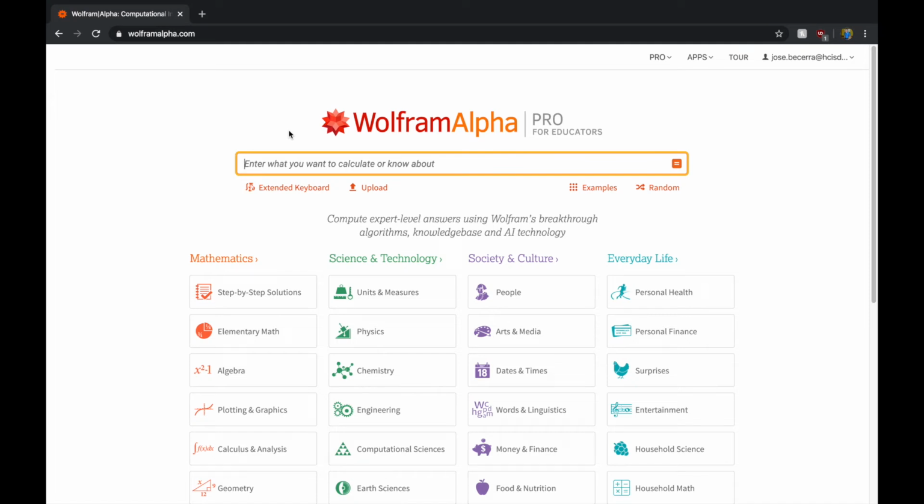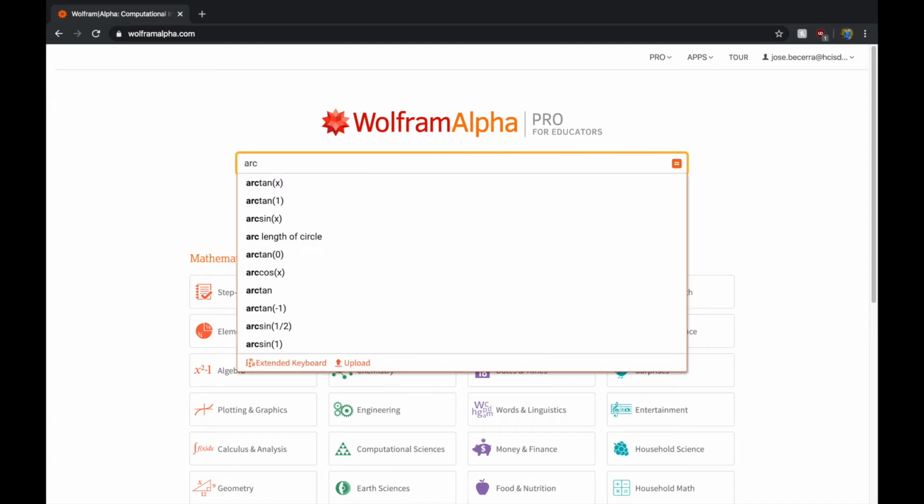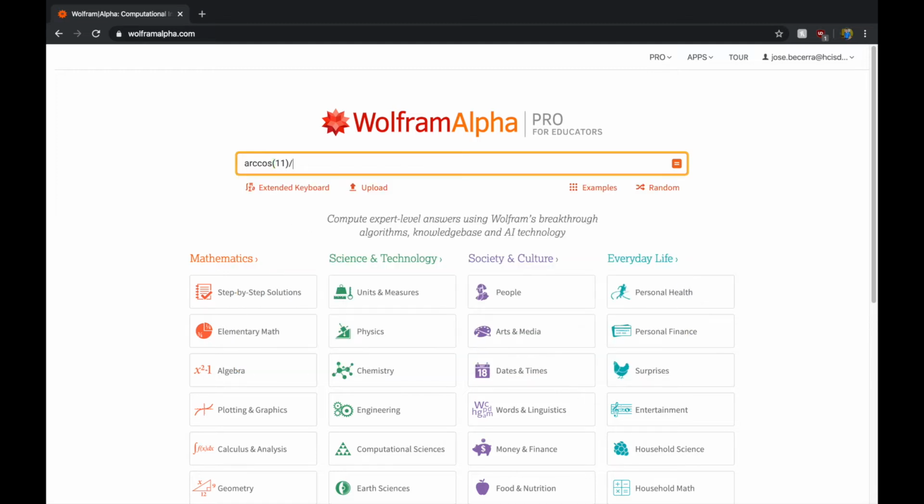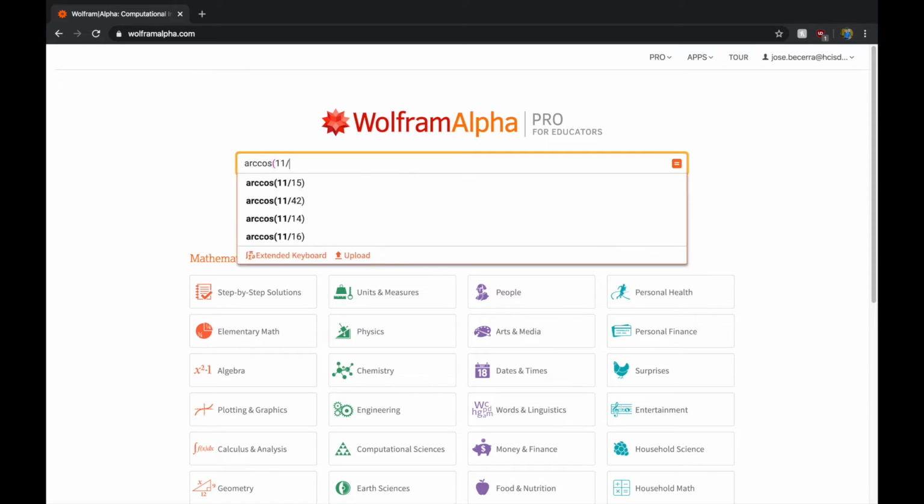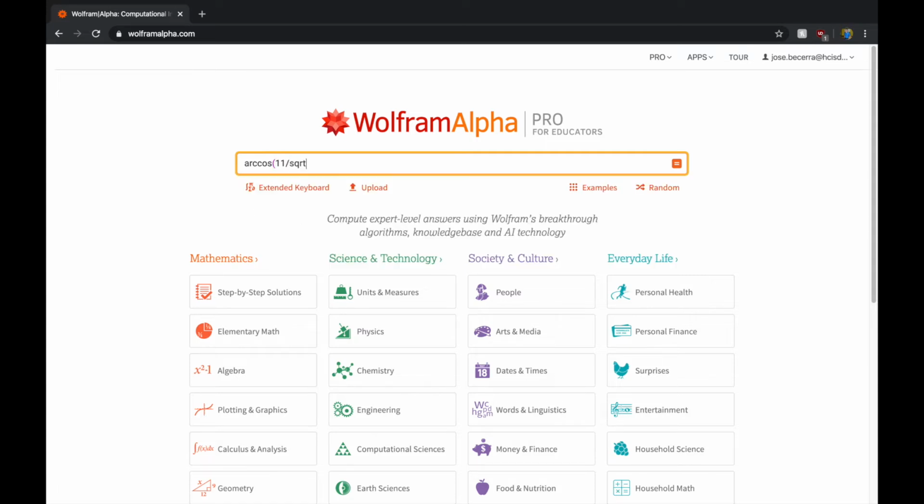I'll use Wolfram Alpha, and I'm going to be using the arc cosine of 11 divided by the square root of 13 times the square root of 29, making sure that everything is underneath the 11.